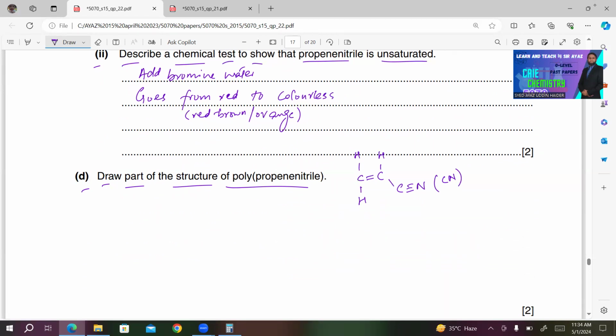So the polymer must be having single bonds only. This must be the repeat unit. Hydrogen atoms. This must be the polymer.